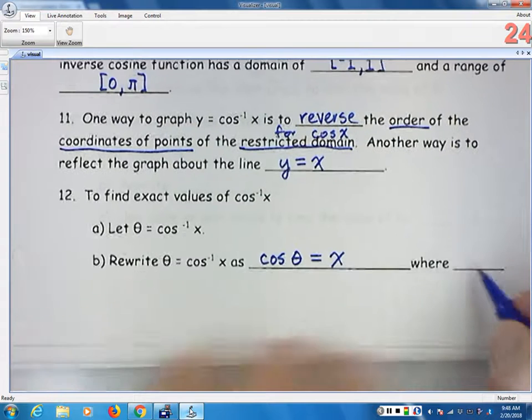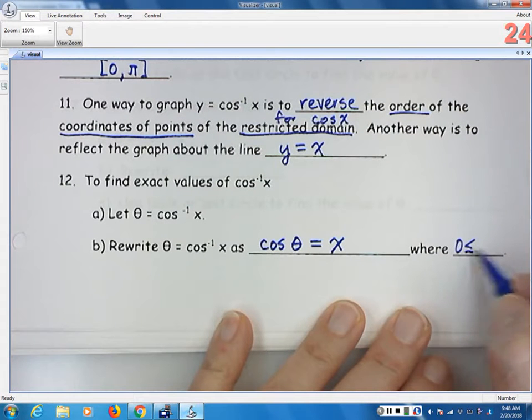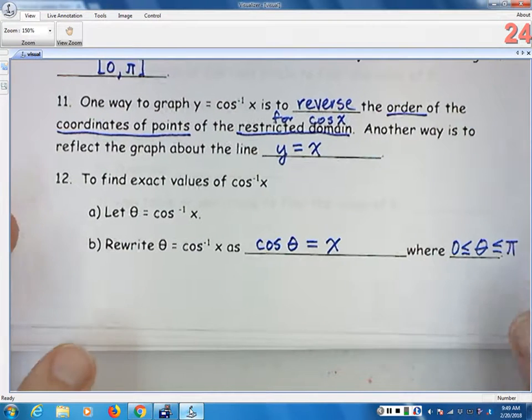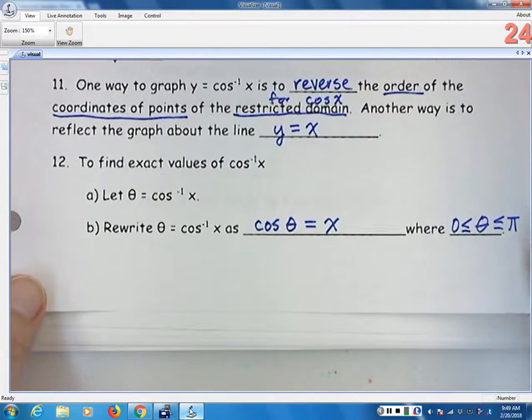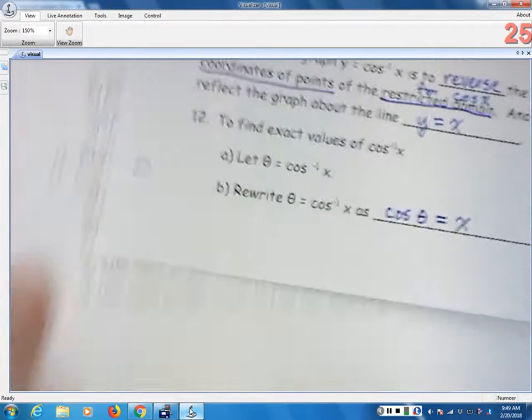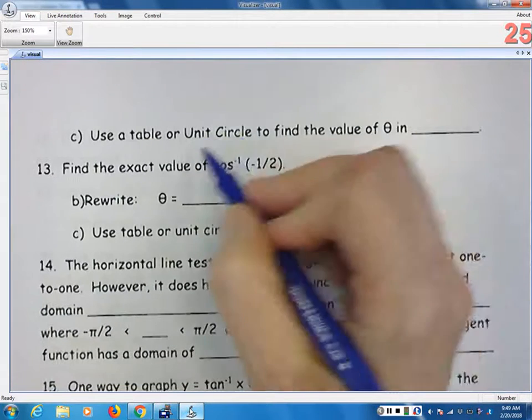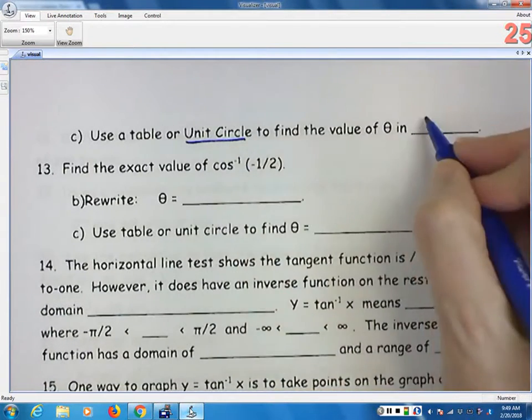Then you need to make sure that theta is between 0 and pi. The third thing is we use a table, or we provide you the unit circle, so we're going to use the unit circle to find the value of theta in 0 to pi.